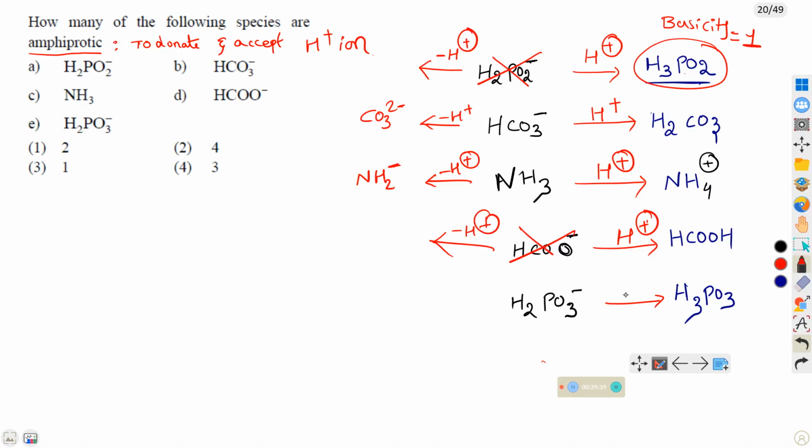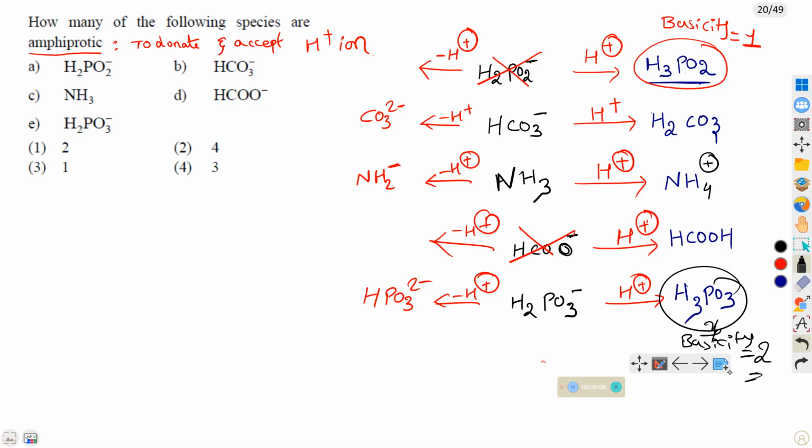H2PO3 minus accepts H plus ions as well as donates H plus ions, and it is converted to HPO3 2 minus, because H3PO3 basicity value is equal to 2. It is able to donate 2 H plus ions. Based on this, the correct answer is 3. Fourth option.